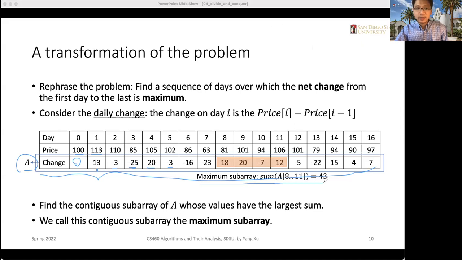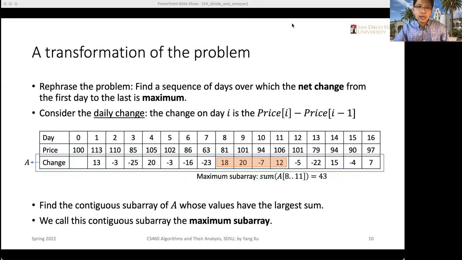The maximum subarray is not unique, there could be duplicates, but here we will consider the simplest case. In this example, we can see that the maximum subarray ranges from day 8 to day 11, which gives you a total net change of 43 in terms of price.